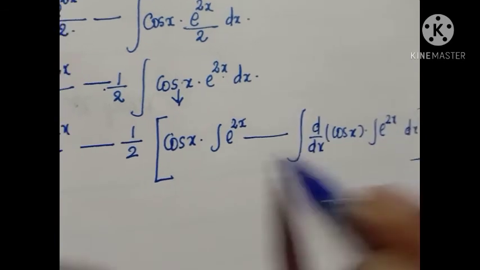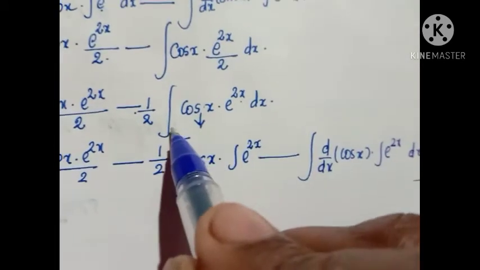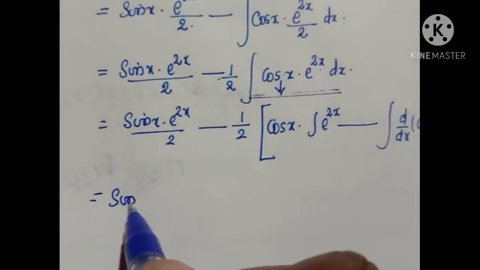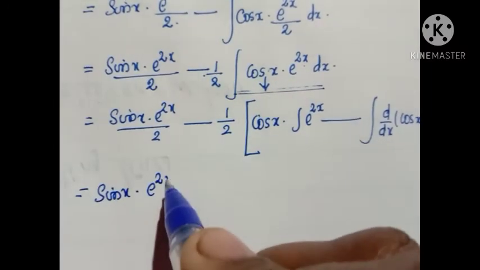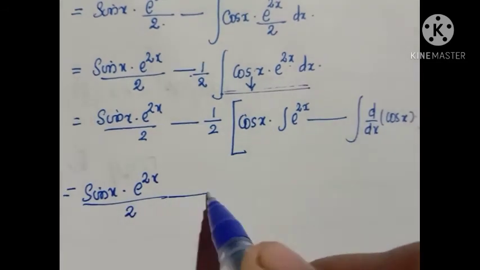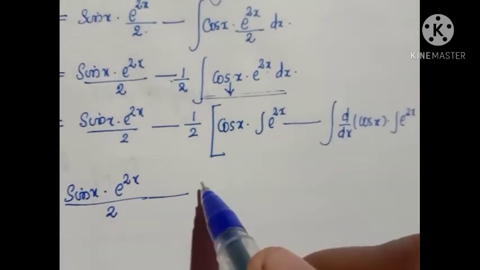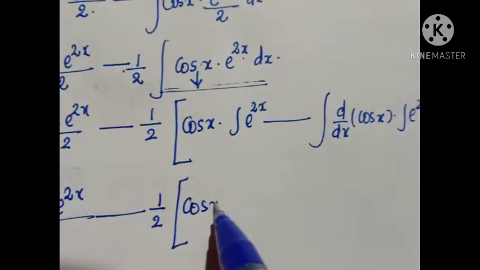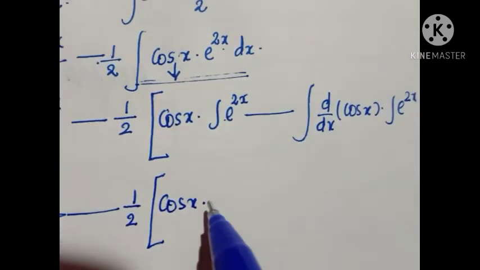Again we are doing integration by parts for this integral. Okay. So it is equal to sin x into e raised to 2x by 2 minus 1 by 2 into, listen, cos x into integral of e raised to 2x.